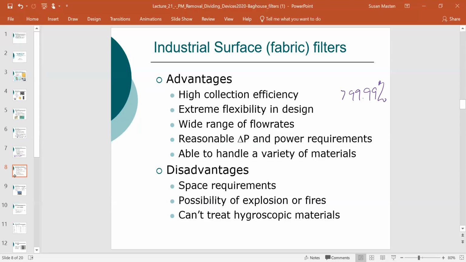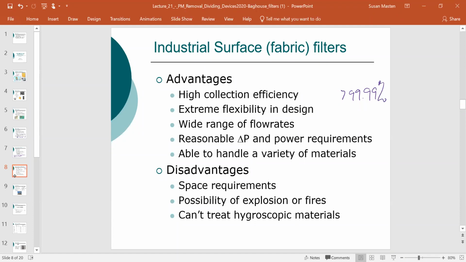Once they're designed for a particular flow rate, they're designed even for particular particle characteristics. And if we, for instance, change the fuel, that's going to change the characteristics of those particles, and you're going to see significant differences in the efficiency of the ESP.